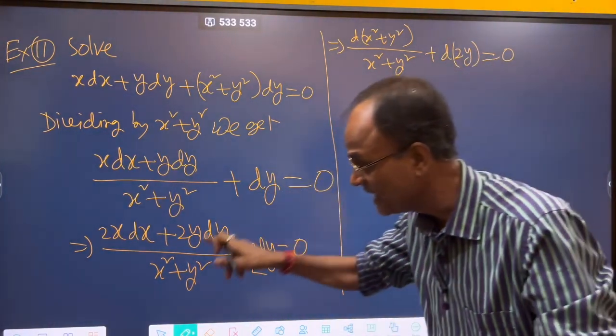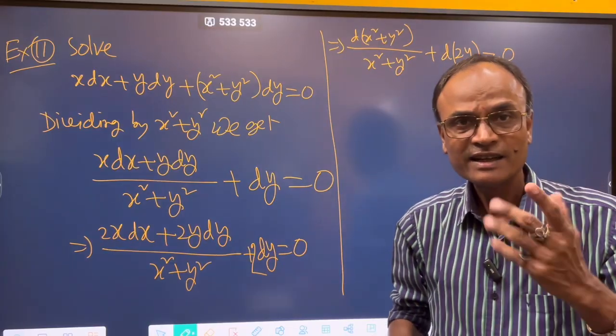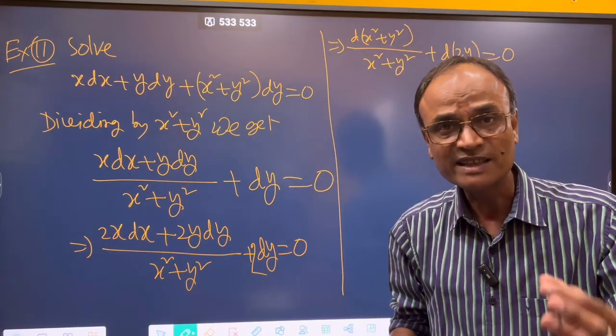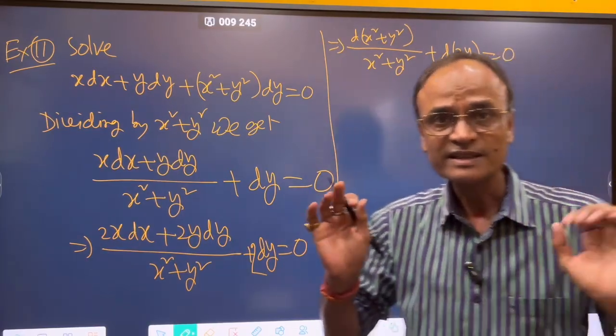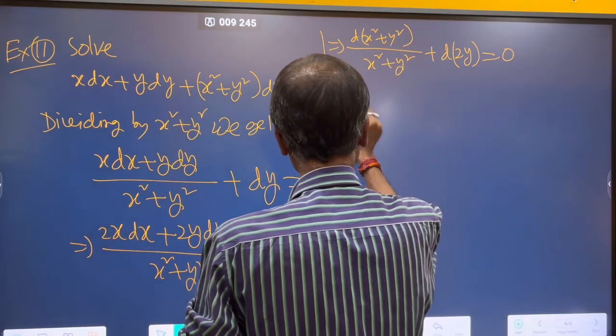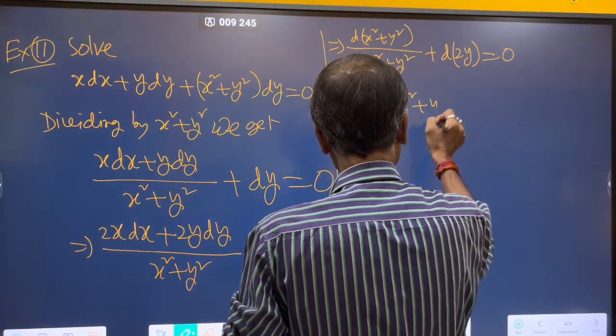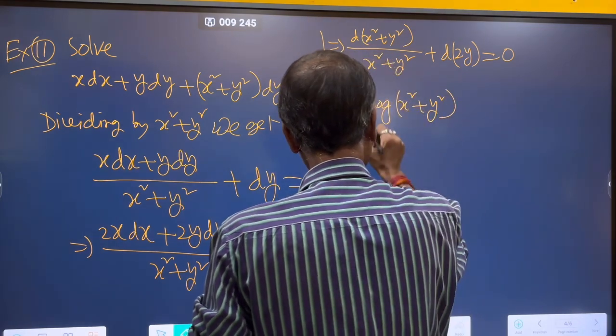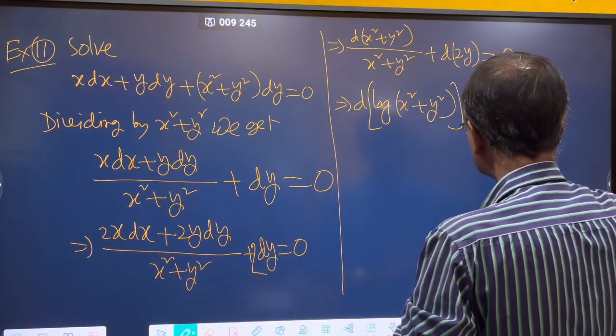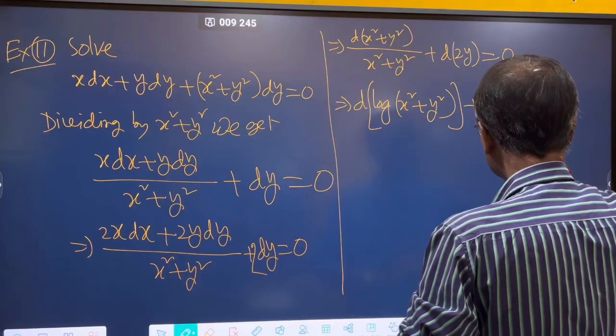It is of the form dx divided by x, which can be written as d of log x. This means d of log of x square plus y square plus d of twice y equal to 0.